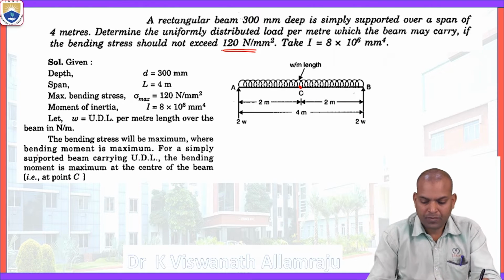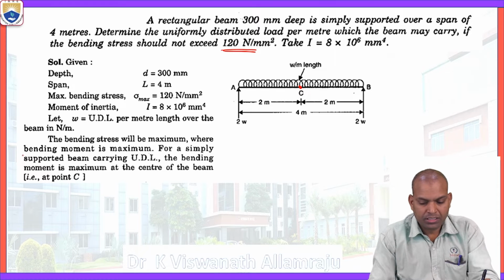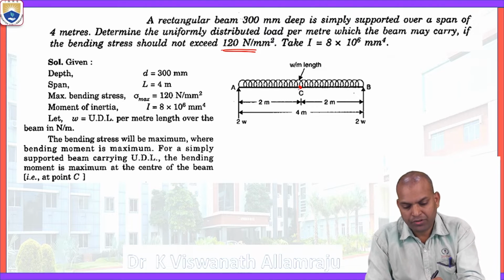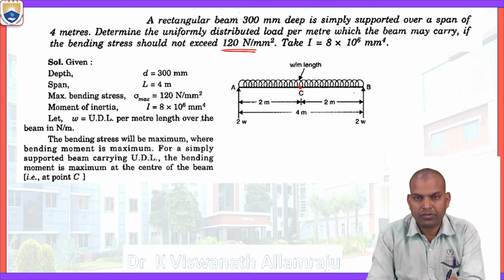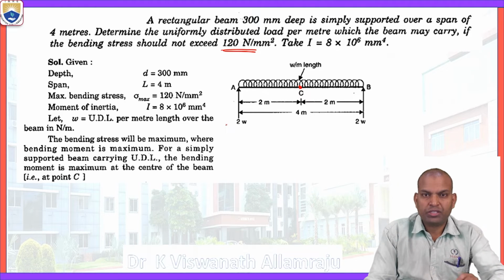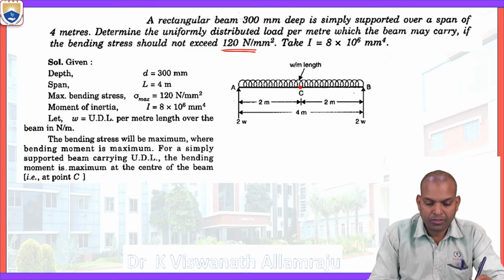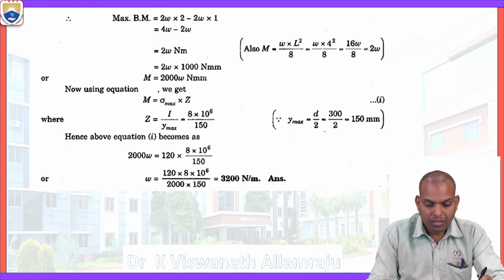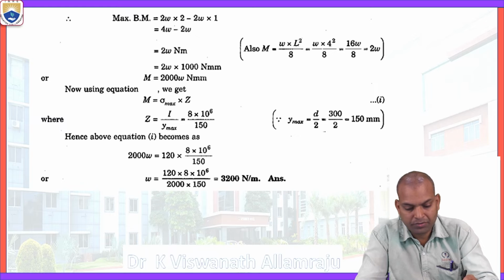At point C, we have to find the bending moment, which represents the maximum bending moment of this simply supported beam subjected to UDL throughout the span. Now at that point C, what is the bending moment?